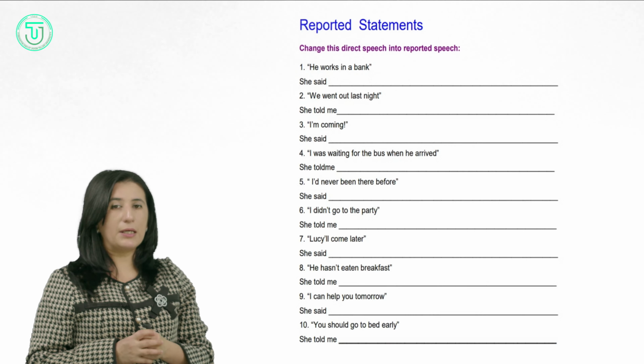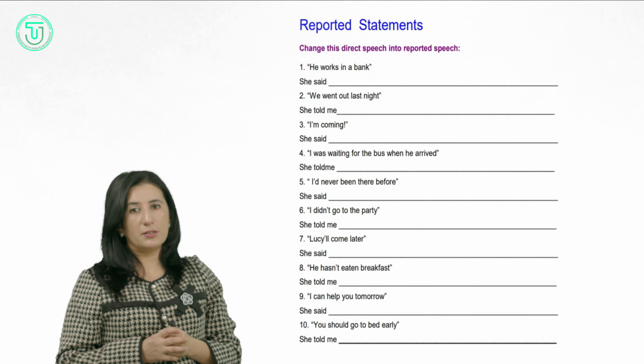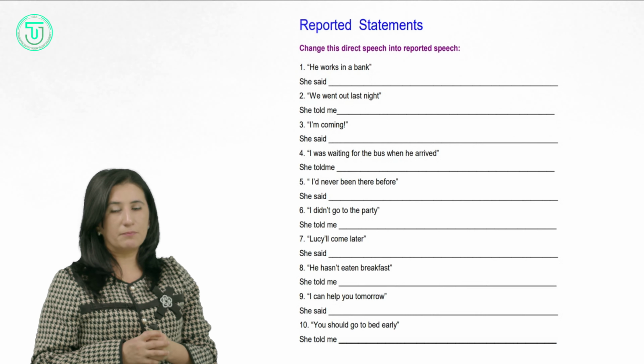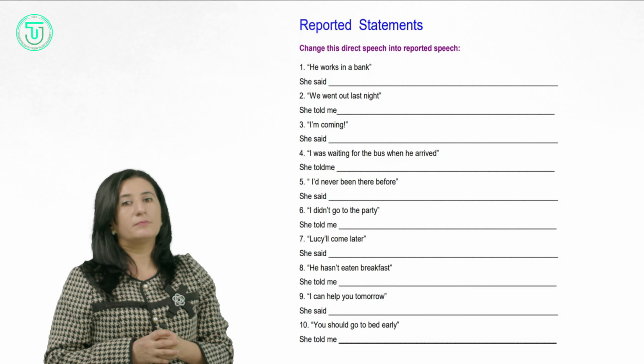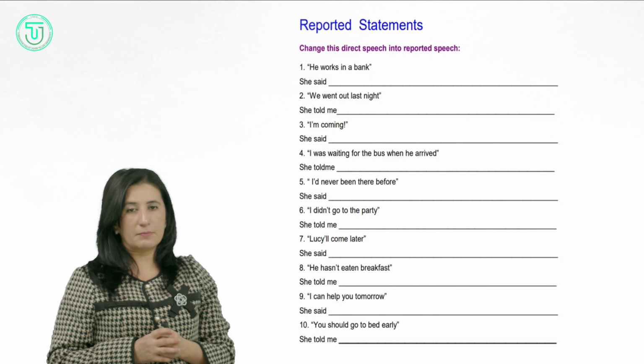While you're practicing, pay attention to the time modifiers, place modifiers, person, and of course, tense.